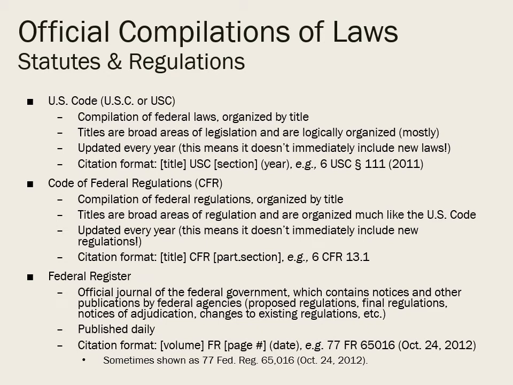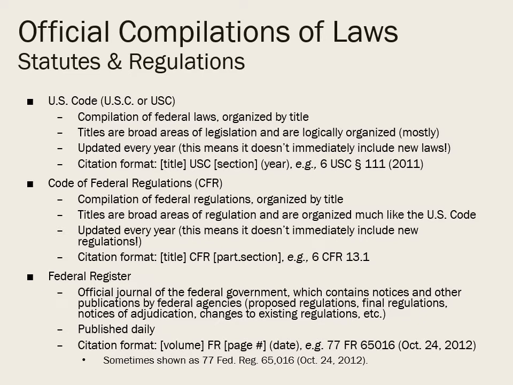Okay, so when you are writing your memos for class or for your jobs, you're going to want to refer to the official compilations of laws. So those include the US Code, which is a compilation of federal statutes organized by title. Here, I don't mean alphabetical title like an encyclopedia. Instead, titles of the US Code are based on subject matter areas.